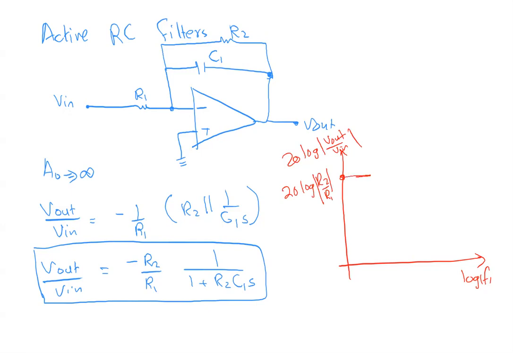I will continue straight until I reach the pole, which occurs at 1 over R2 times C1, and then we will decay with a slope of minus 20 dB per decade after reaching the first pole. So you can see what type of filter this is. We are passing the low frequencies with good gain, while the high frequencies face attenuation. So this acts as a low pass filter.